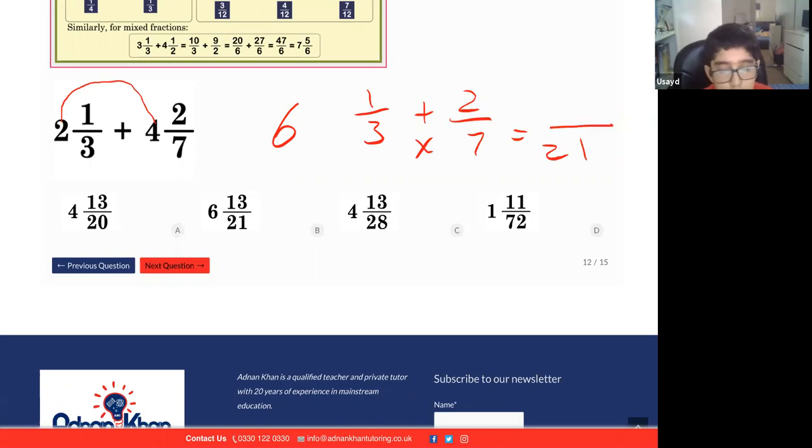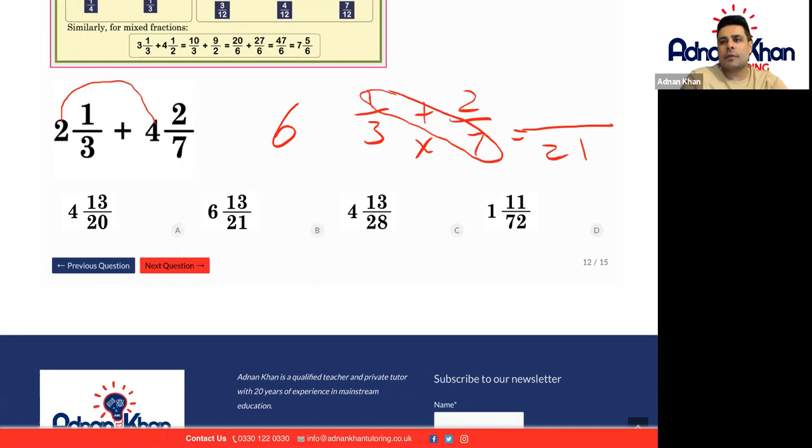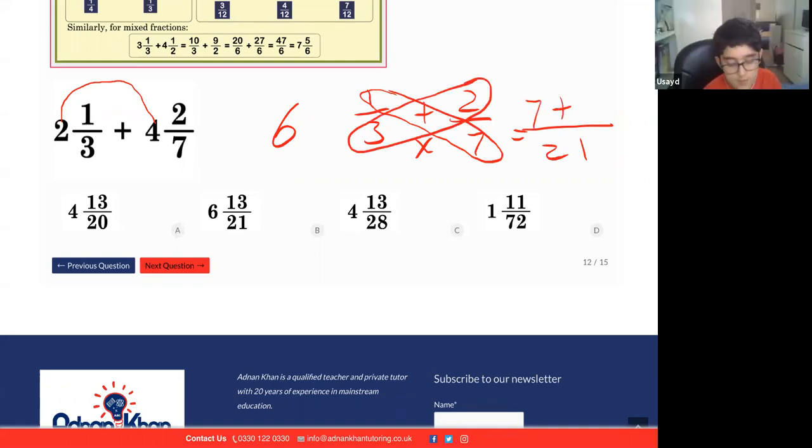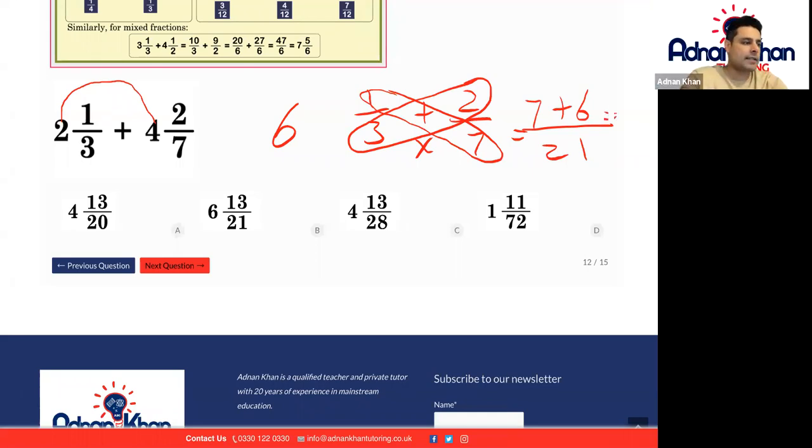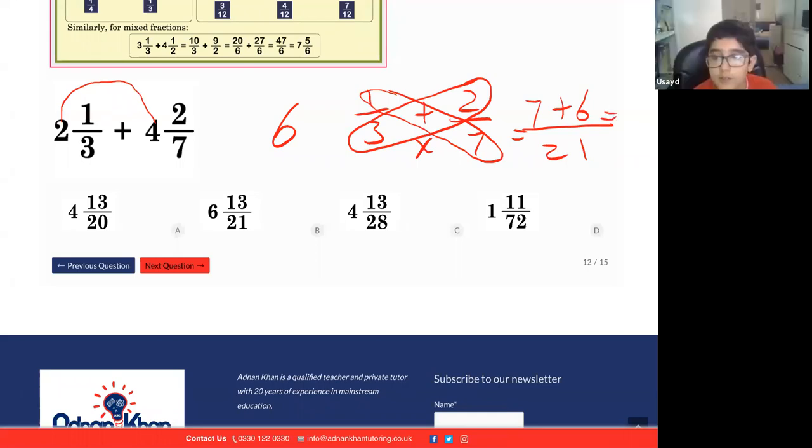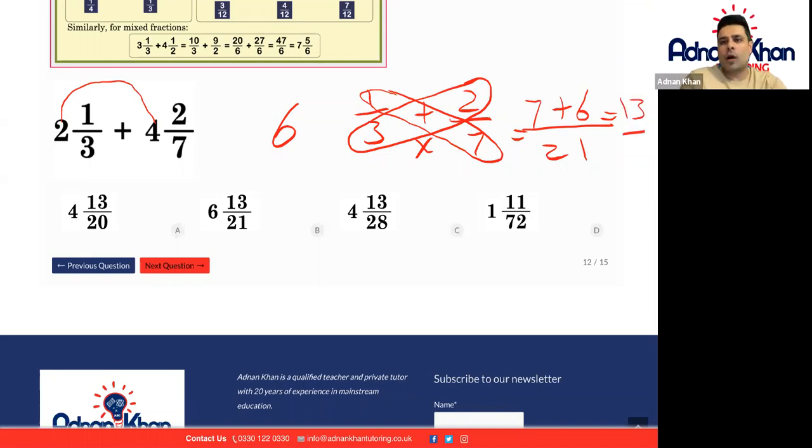Therefore, it's 6 and 13 over 21. So 7 times 1 is 7, add 2 times 3 is 6, and what's 7 add 6? 13. 13 over 21, and that obviously comes here, 6, and then we have 13 over 21.